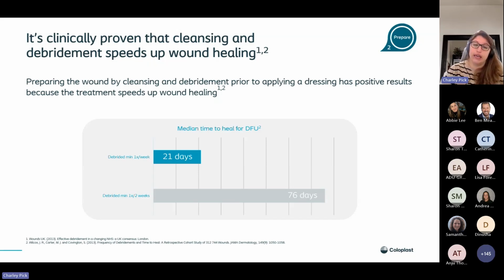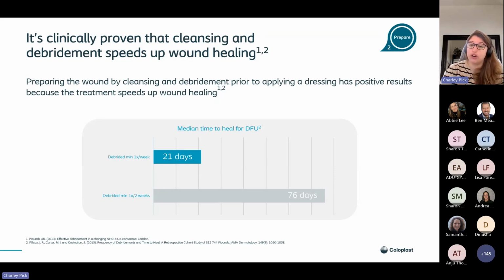And as you can see here, if you cleansed and debrided that wound once every 2 weeks, the median time to heal was 76 days. If you debrided and cleansed that wound once a week, that is reduced to 21 days. So it will heal 3 times quicker with wound preparation.